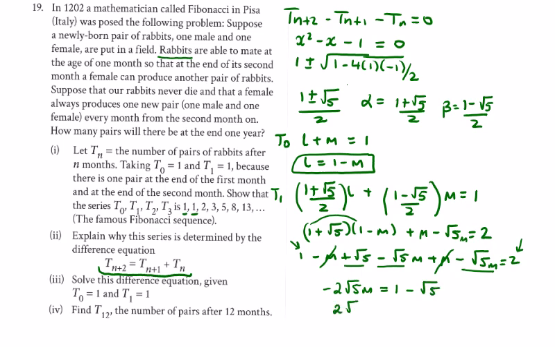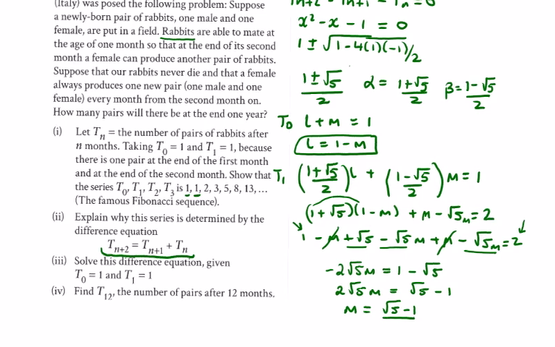So 2 root 5M, be careful with the signs here, is equal to root 5 minus 1, multiplying them both by minus 1. So M is equal to root 5 minus 1 over 2 root 5.